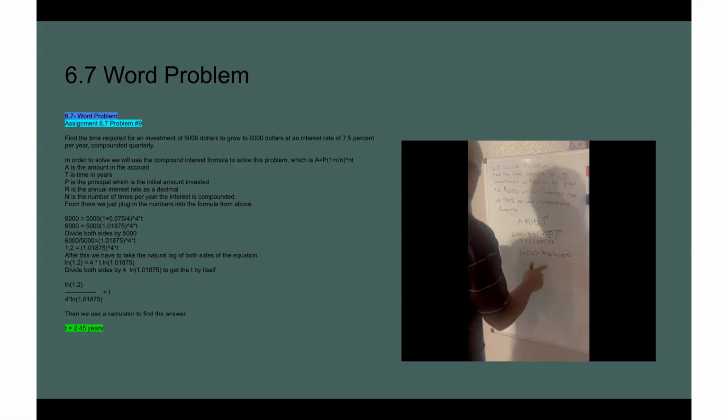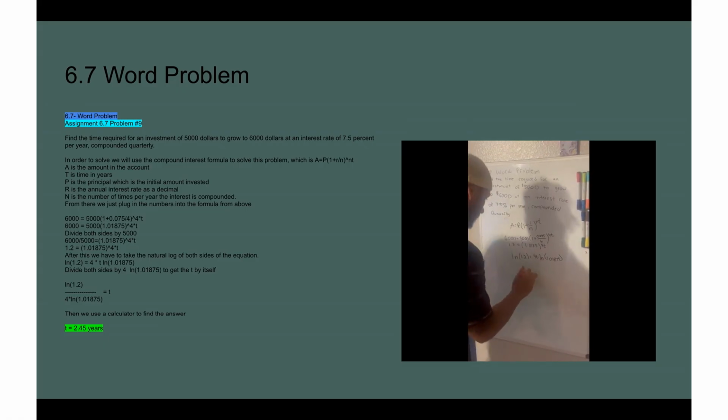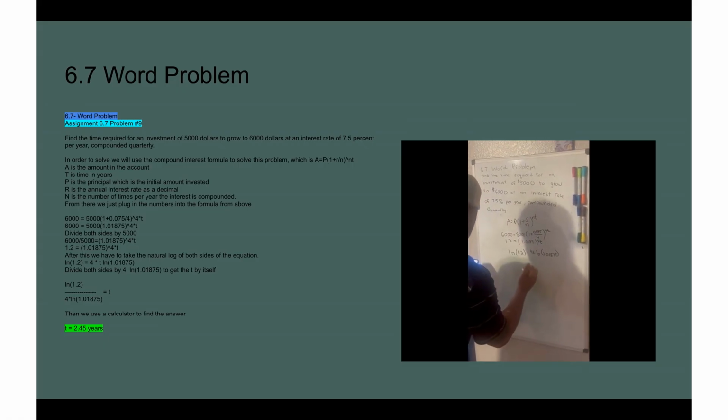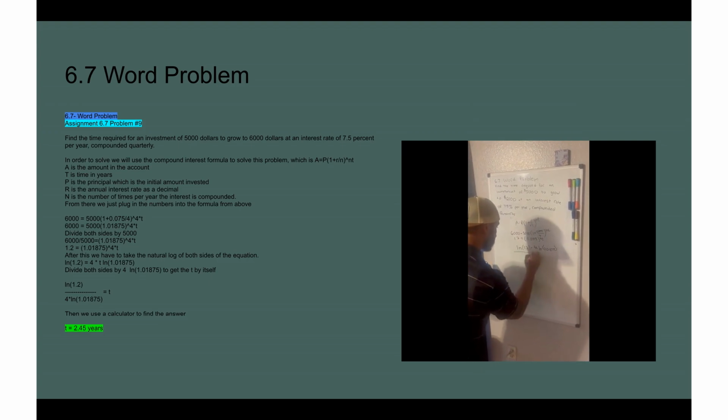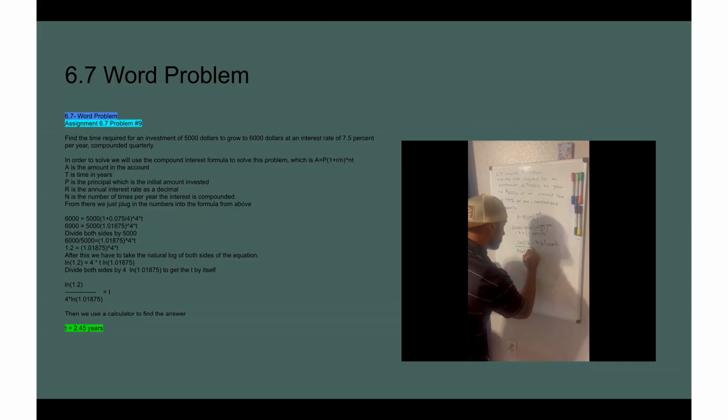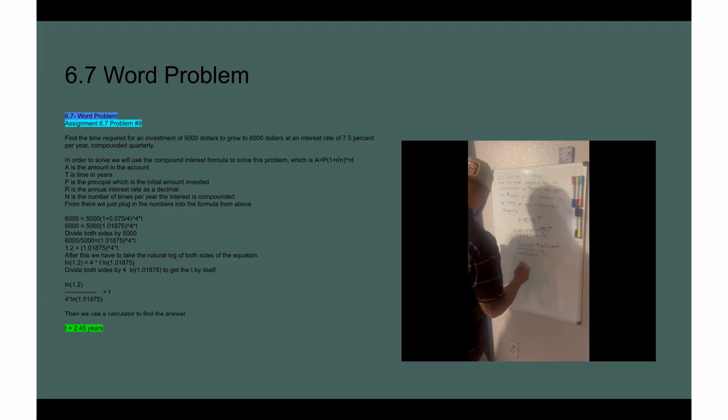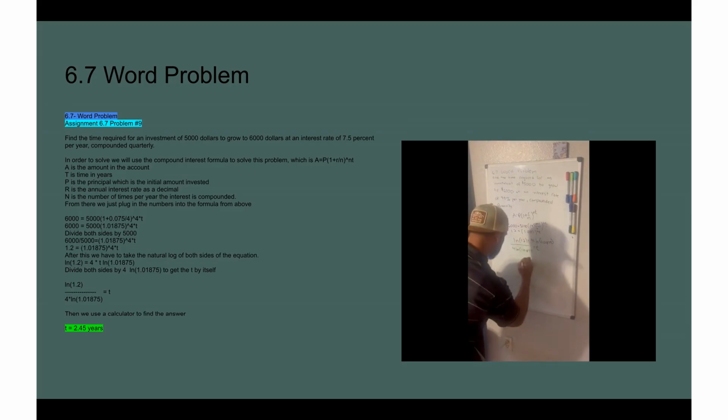We divide by that on both sides to get t. So t equals ln 1.2 over 4 ln 1.01875. And after you plug it into the calculator, t equals 2.45 years.